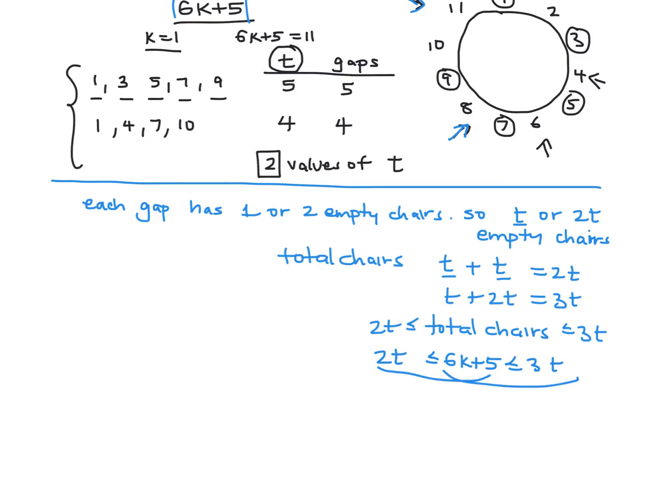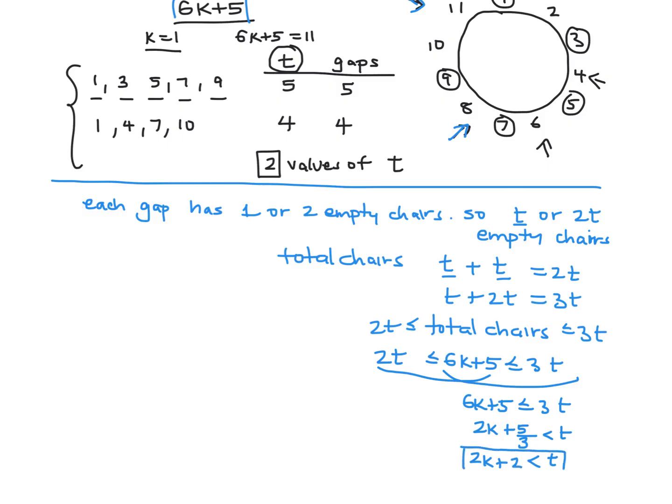So if we have 6k plus 5 is less than or equal to 3t, then that means, dividing by 3, 2k plus 5 over 3 is less than or equal to t. Now t is an integer, so we can safely say that t is greater than or equal to 2k plus 2.